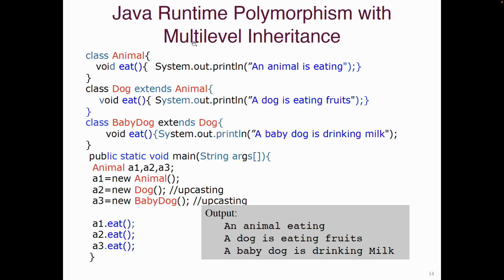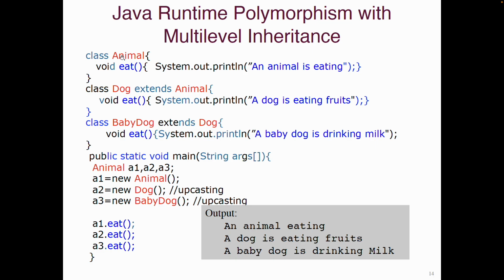All right. Again, with multilevel inheritance, what will change? Well, basically, the idea will not change, as a spoiler. So we have a class Animal which has this function eat. It prints just an animal is eating. And then we have Dog. It extends Animal. A dog is eating fruits. And then we have BabyDog. It extends Dog.